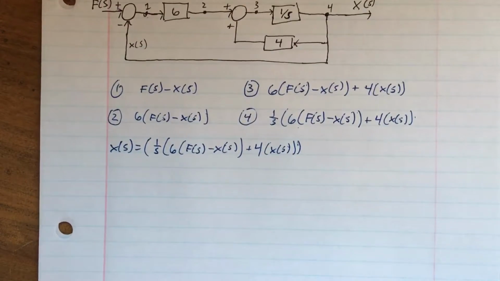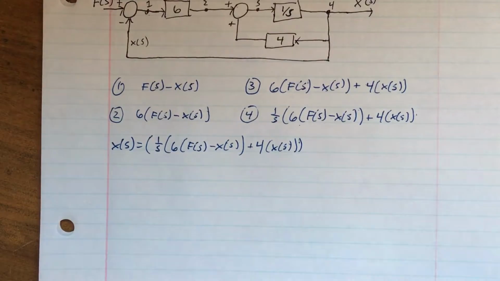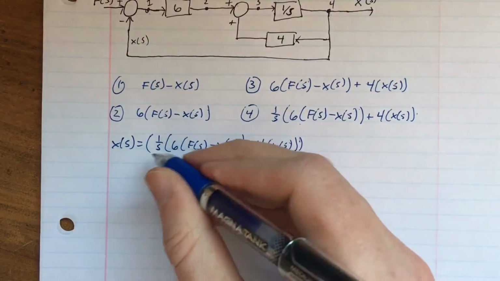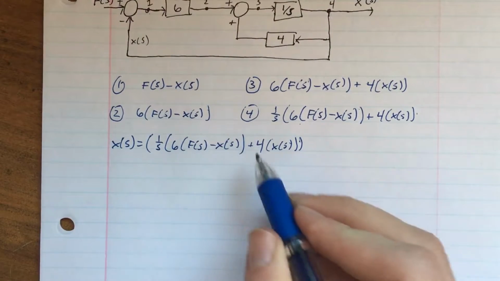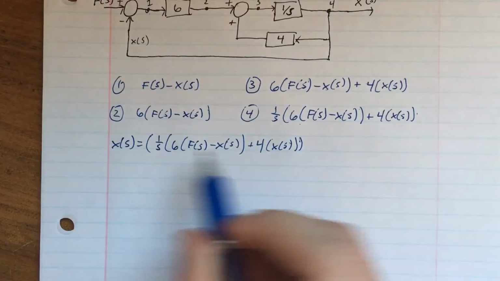And then starting to simplify that, I'm going to multiply the s to the other side and distribute the 6 through.